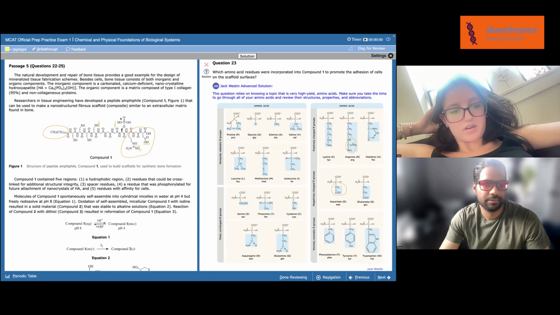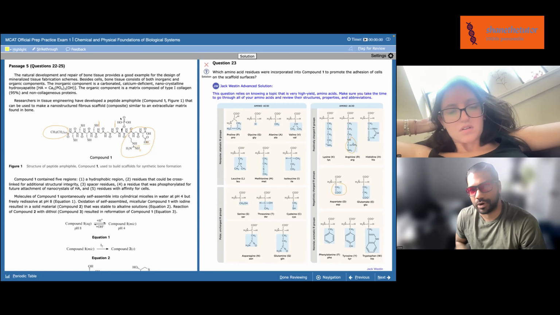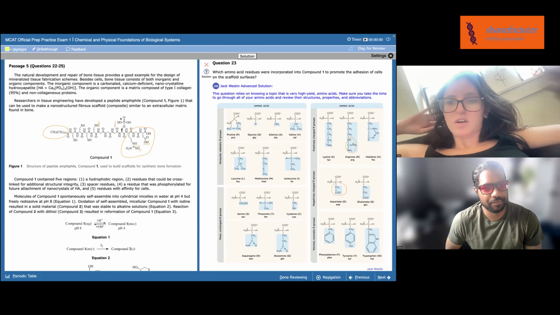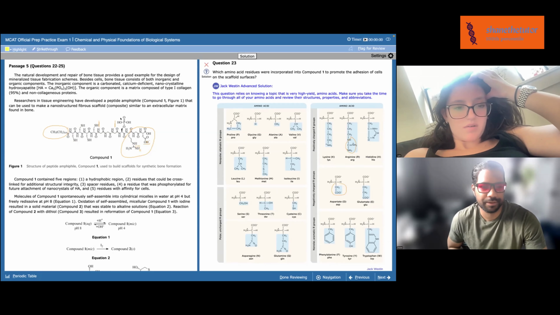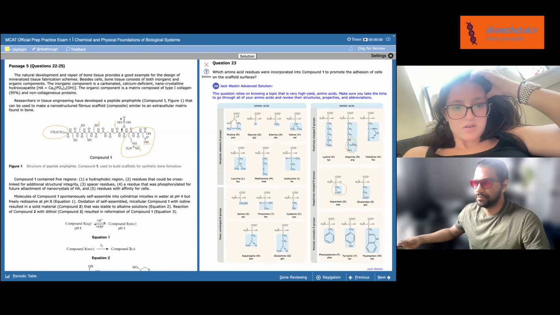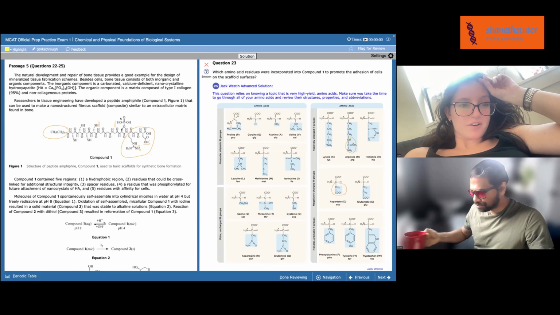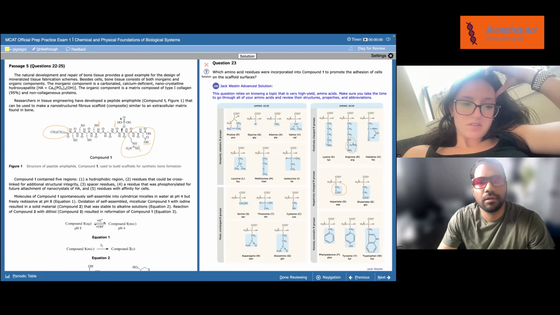Okay, now since we're talking about which amino acid residues were incorporated into compound one to promote adhesion of cells on the scaffold surfaces, we said those were, wait. Is that the structural integrity part? What are they saying?